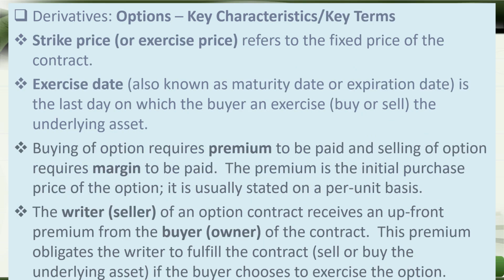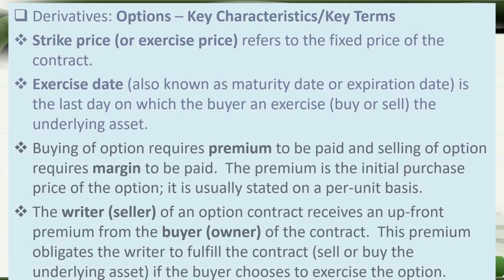So these are the key characteristics involved in options. We have strike price, exercise date, premium, margin, and writer, buyer. Writer means seller and buyer means owner of this option. These are the key terms, how they are defined, that we are seeing in this slide. Strike price, or it can be called the exercise price, refers to the fixed price of the contract.